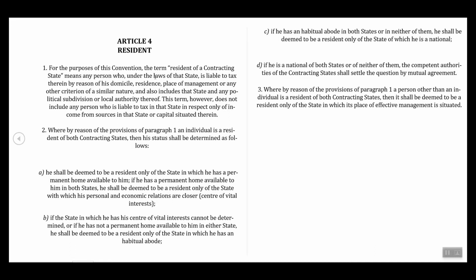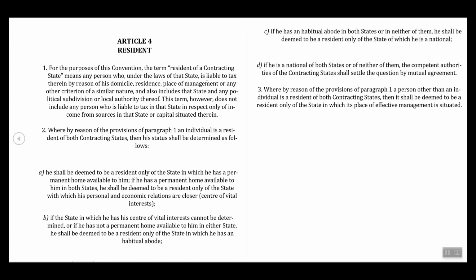For the purposes of this convention, the term resident of a contracting state means any person who, under the laws of that state, is liable to tax therein by reason of his domicile, residence, place of management, or any other criterion of similar nature, and so on. And this term, however, does not include any person who is liable to tax in that state in respect of only income from sources in that state situated therein.